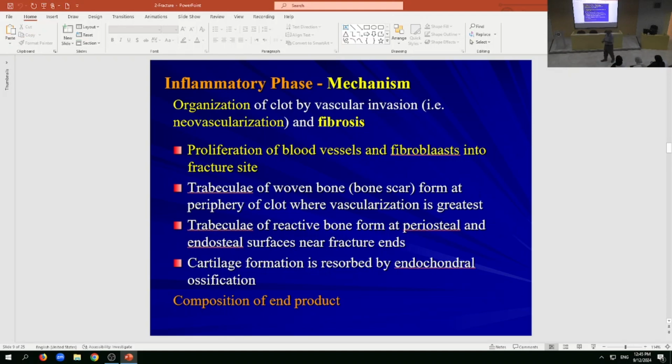What is the name given to this? From your previous studies, when we studied inflammation, we said the ultimate end of inflammation is to make a granulation tissue. If the body forms granulation tissue, then from that point it will decide.